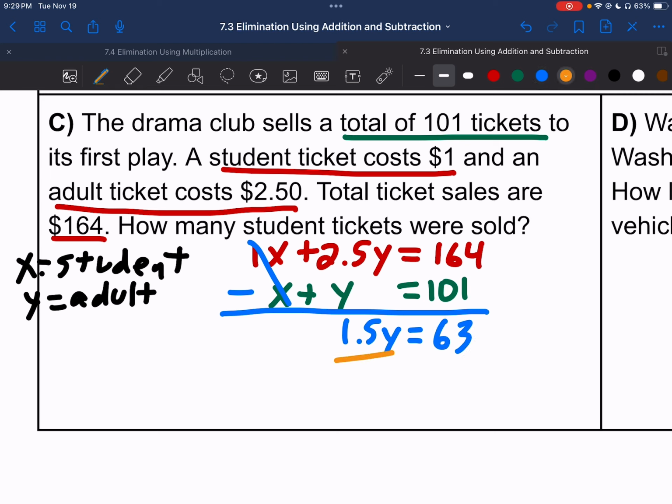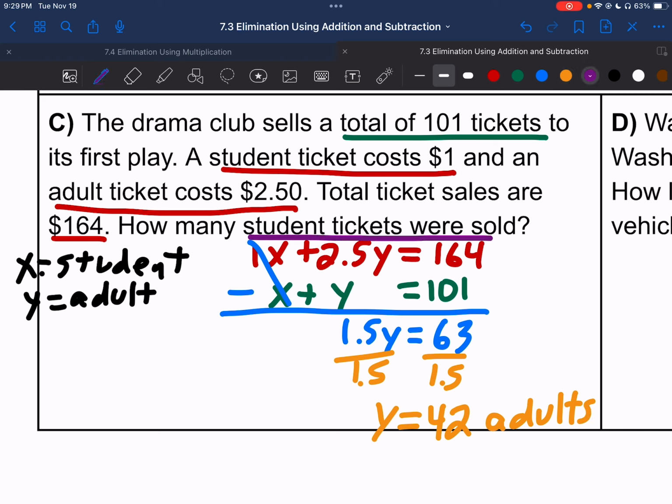And we need to go ahead and divide by 1.5 to get y by itself. And we're going to get that y is going to be equal to 42. So that's 42 adults. And we need to figure out, because it said how many student tickets were sold. That's our goal to find. So we have x plus 42 is equal to 101.